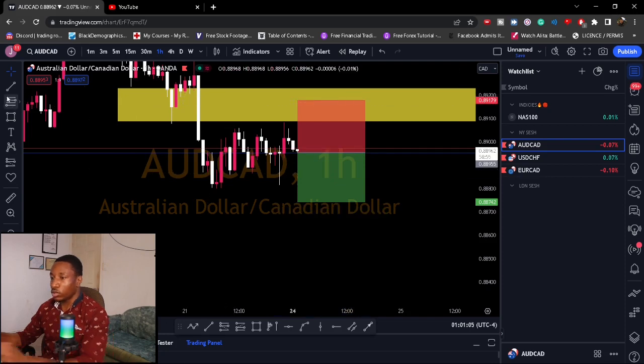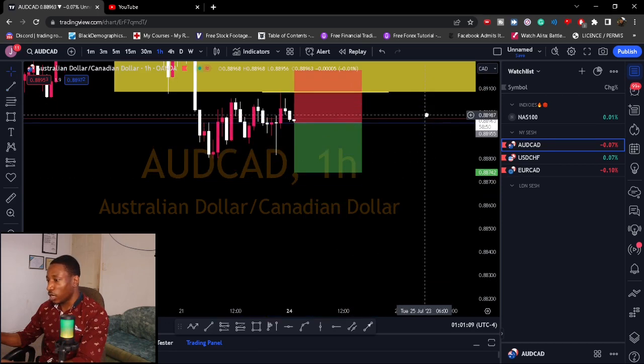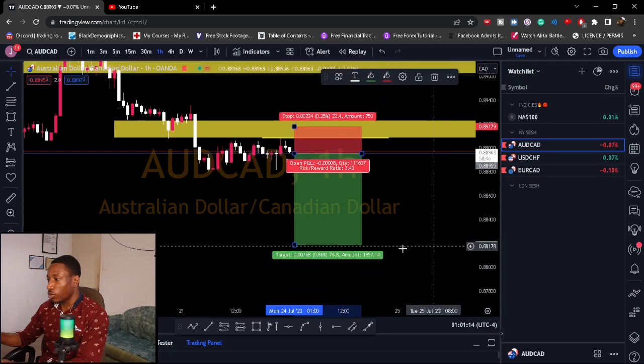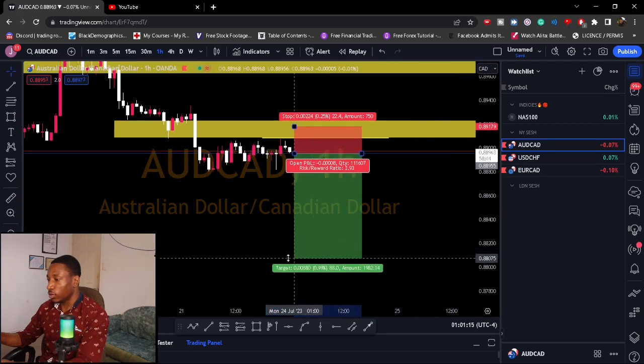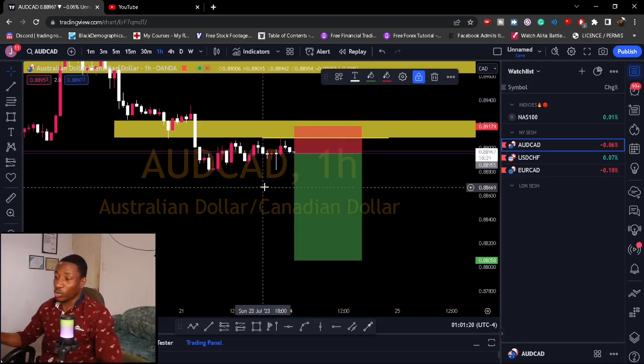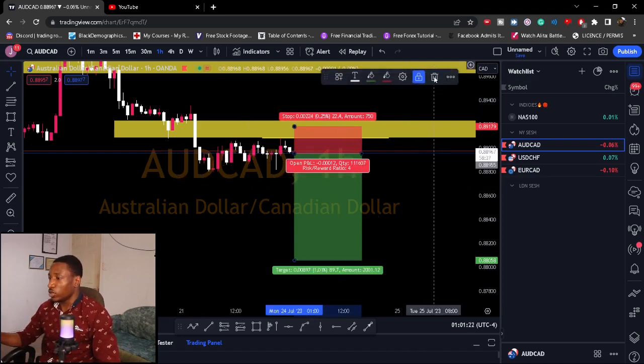I'll put 22 personally. And then I'll pull out if price was to break this high. My TP will probably be 14, to be fair with you, right here. I'll basically set and forget this and risk 2% in this trade and see what happens. So this is AUDCAD right now.